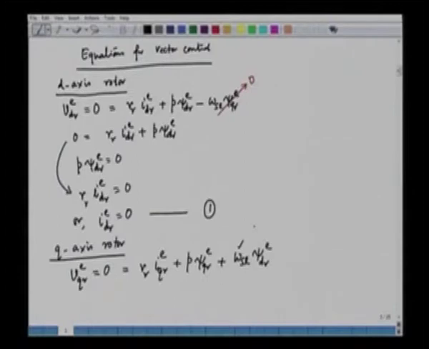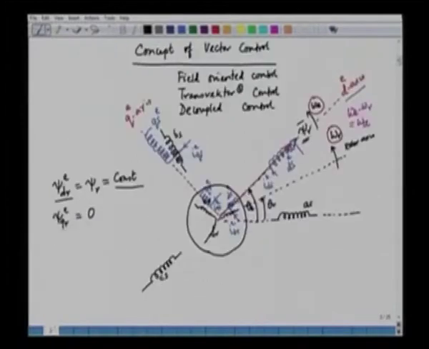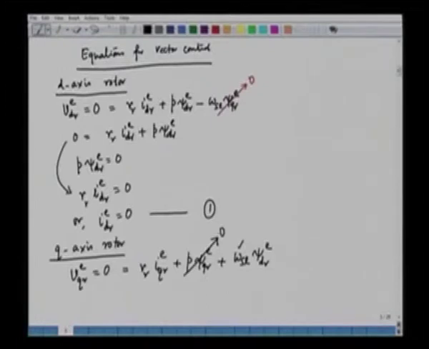Now in this case, this is equal to 0 because we don't have any q axis flux. Psi QR is 0 here, and because of this, this quantity will vanish. So we can say in this case 0 is equal to RR IQR plus omega SL psi dr, and we can find out the value of omega SL here.